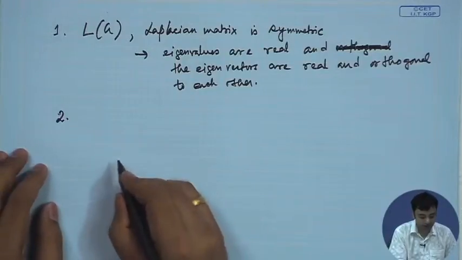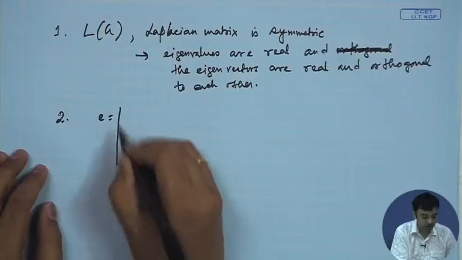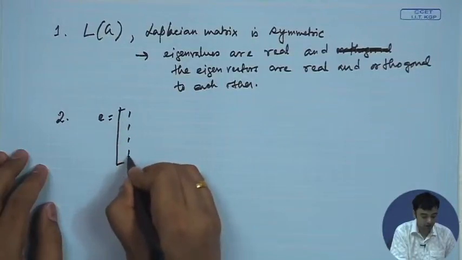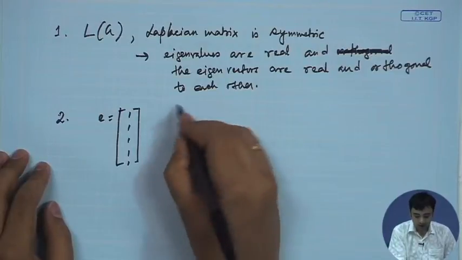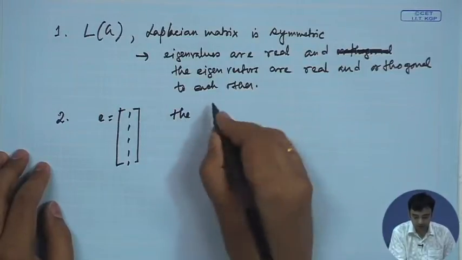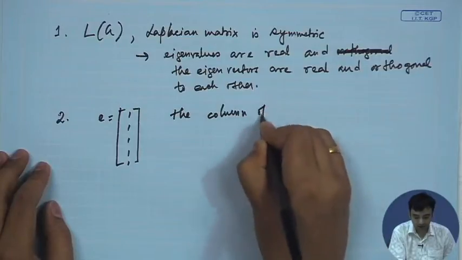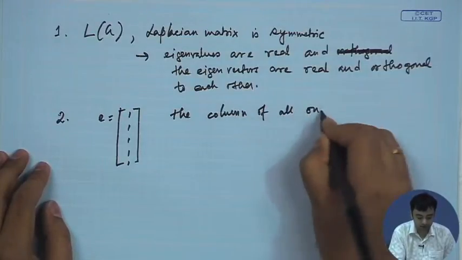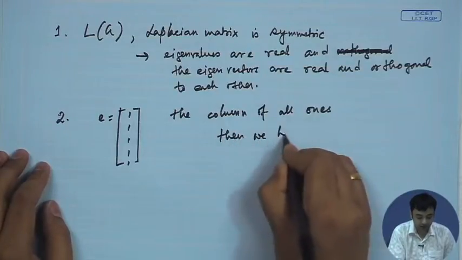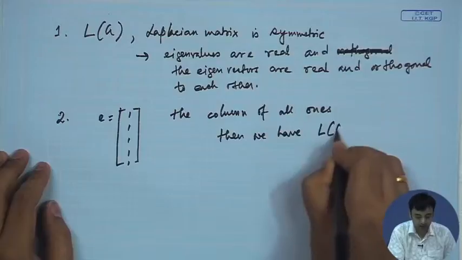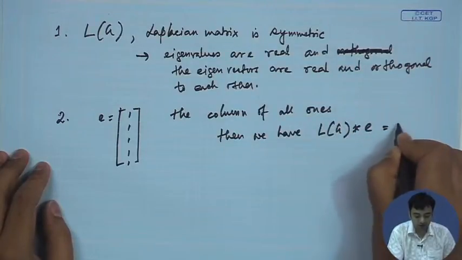The second property is that if we have a vector say E which looks like this, 1 1 1. So, this is a column vector of all ones. Okay. So, then we have LG into E is equal to 0.